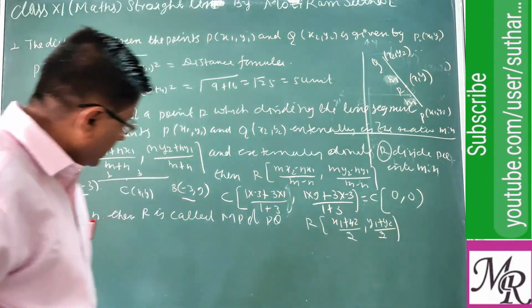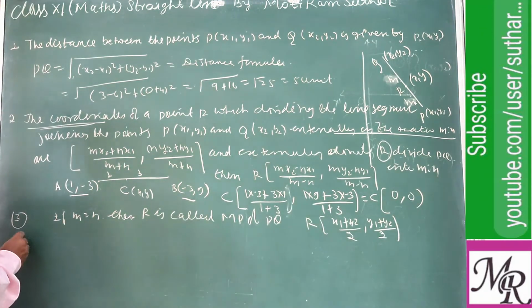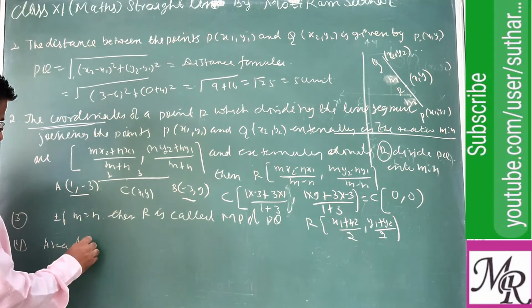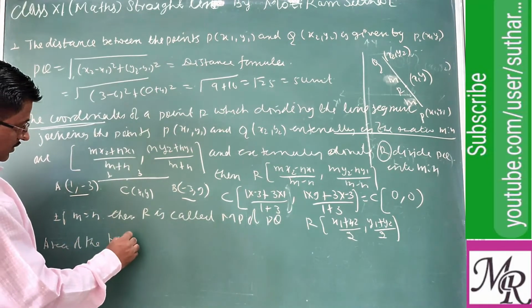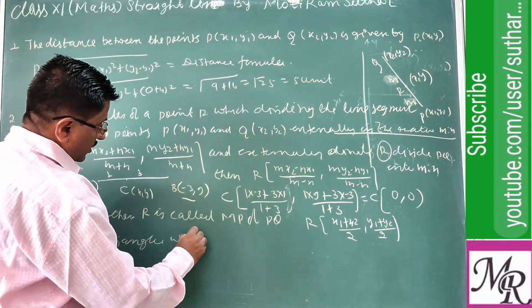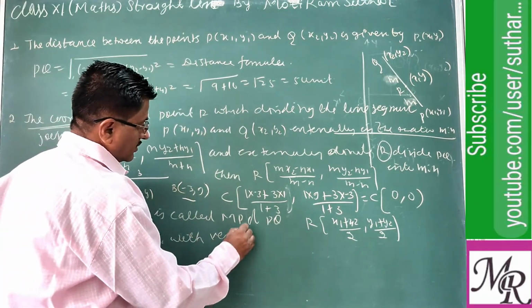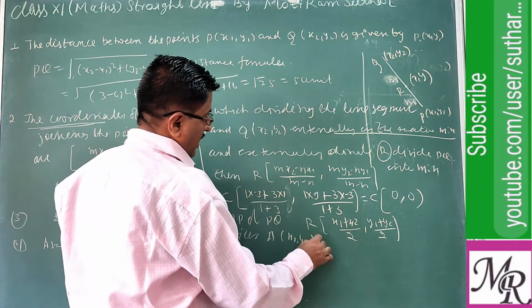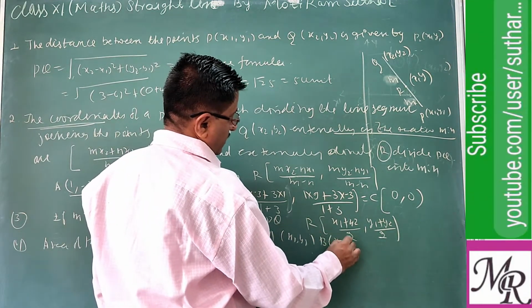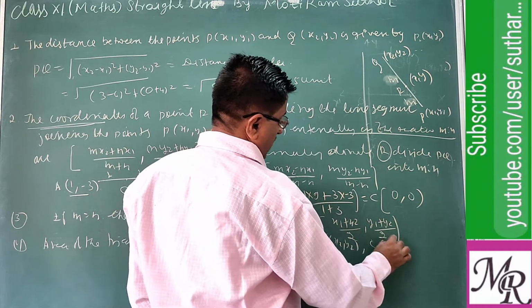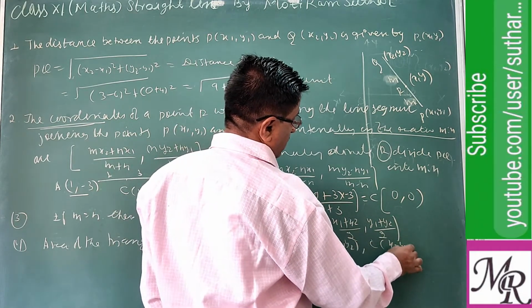Now we find the area of the triangle. Fourth, area of the triangle with vertices. Coordinates of the vertices of the triangle are given as A x1, y1, B x2, y2 and C x3, y3.